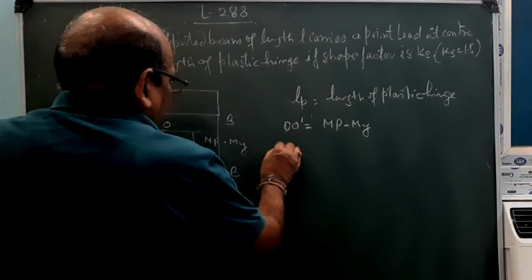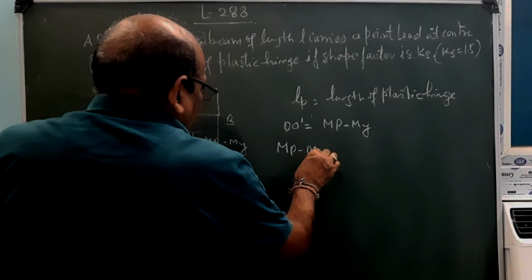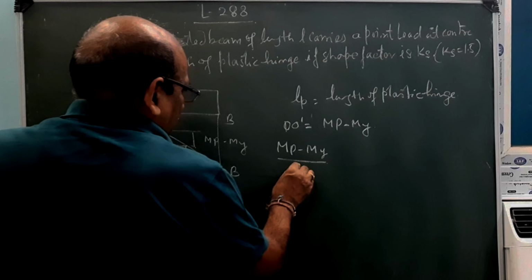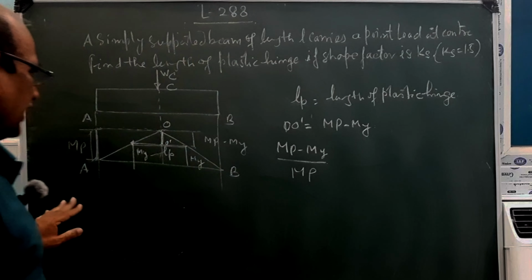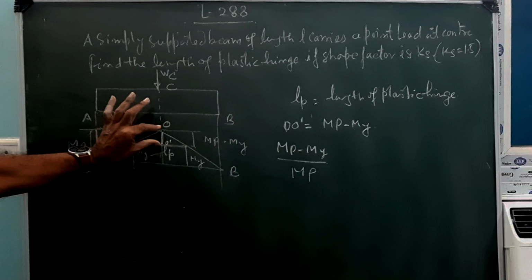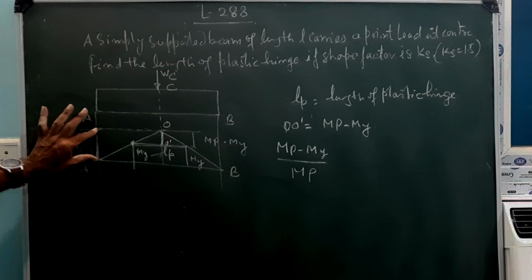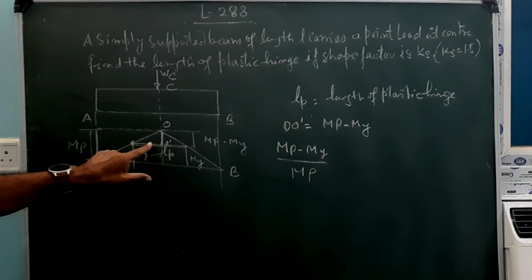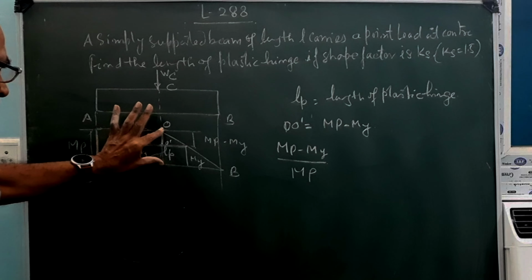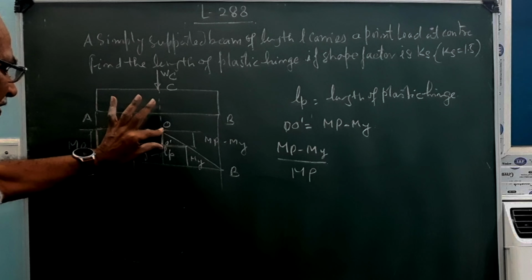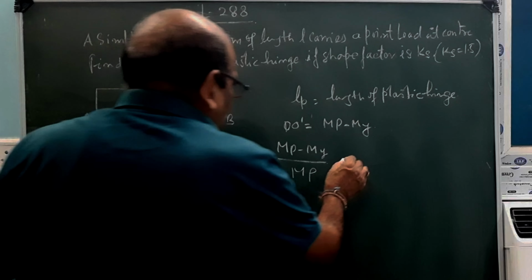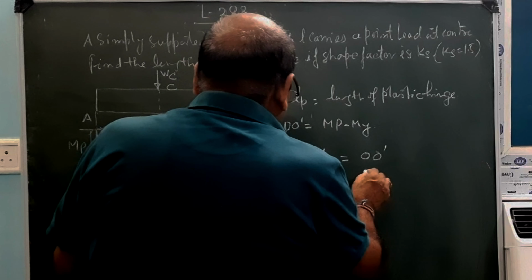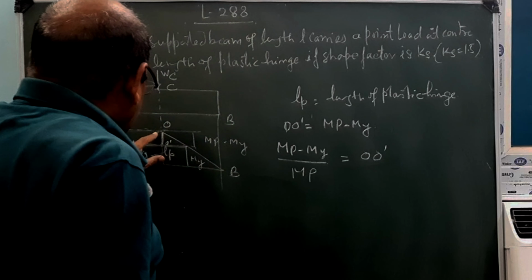So if you take the relation MP minus MY divided by MP, this is the whole vertical, and this is part of the vertical, O dash, divided by MP.